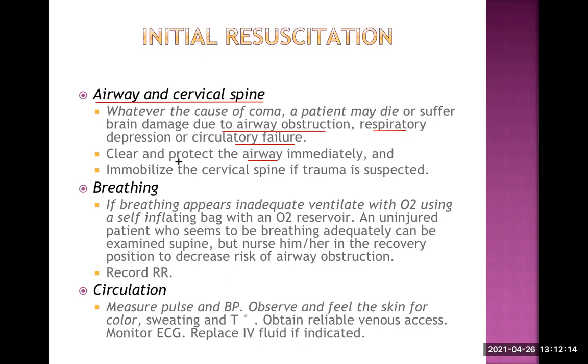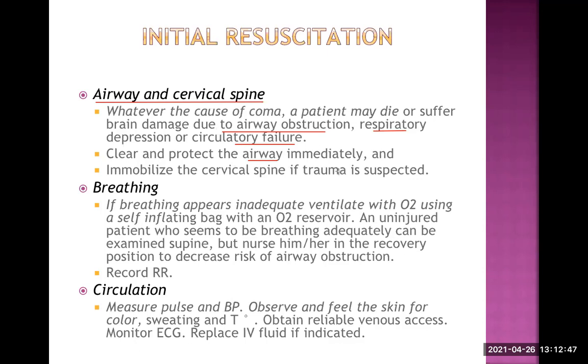If the person cannot protect the airway on his own, which is a real problem in case of coma, because the gag reflex is gone or depressed in coma. So if there is any vomitus, any food particle, anything in the oral cavity, it can be easily aspirated towards the airway. So better thing to do is putting an endotracheal tube inside the trachea with a cuff type of endotracheal tube. Okay, that is the best thing to do.